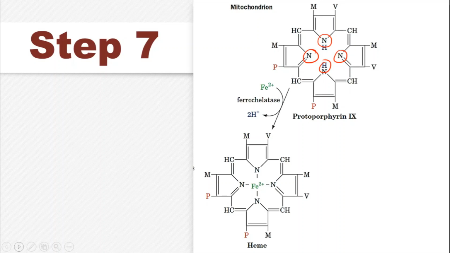Here ferric will not be incorporated, only ferrous. If accidentally ferric is incorporated, the name should be changed. Instead of heme, it will be called hemine. I will discuss in another video later what's the difference between heme and hemine.